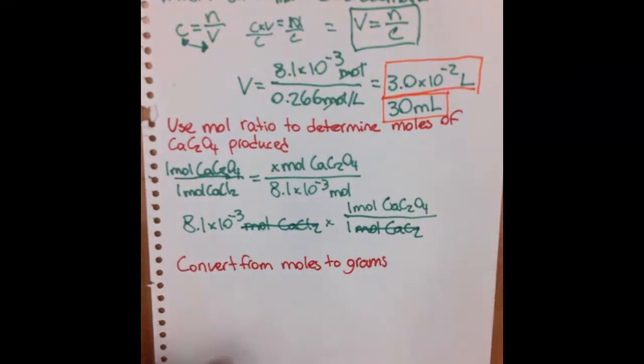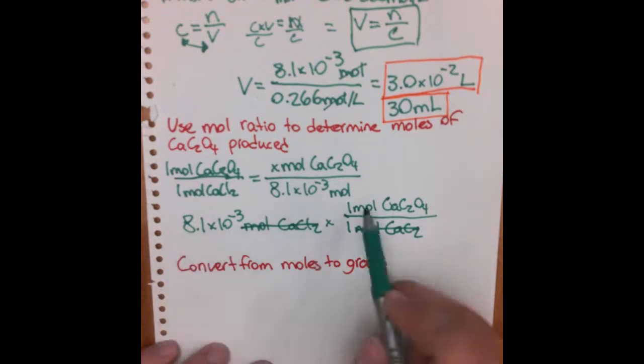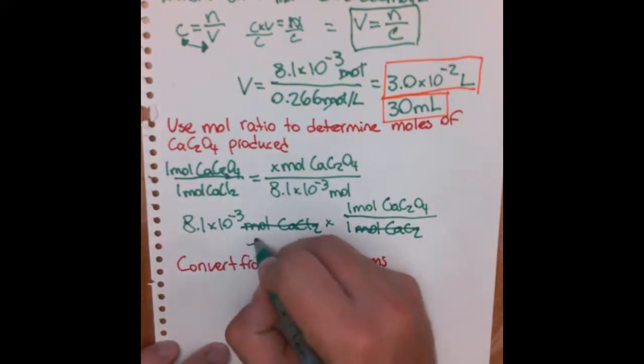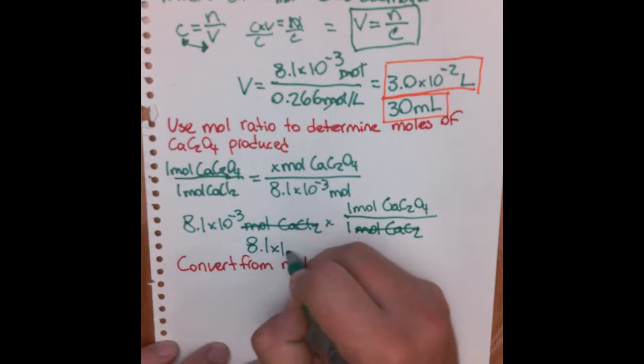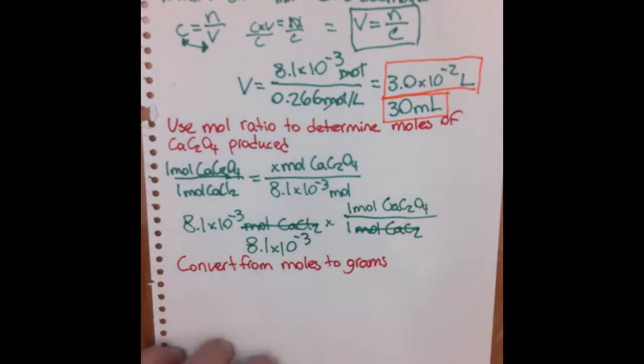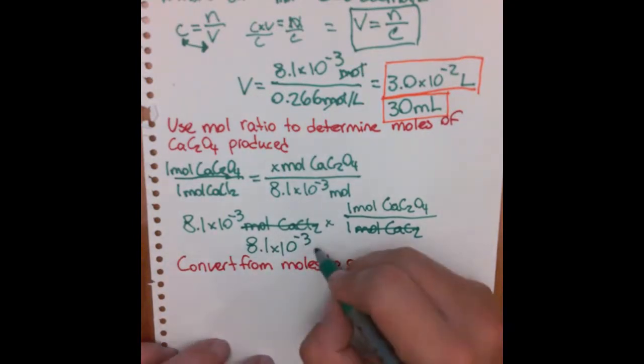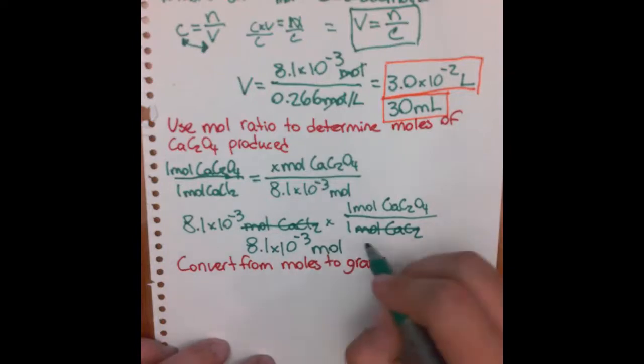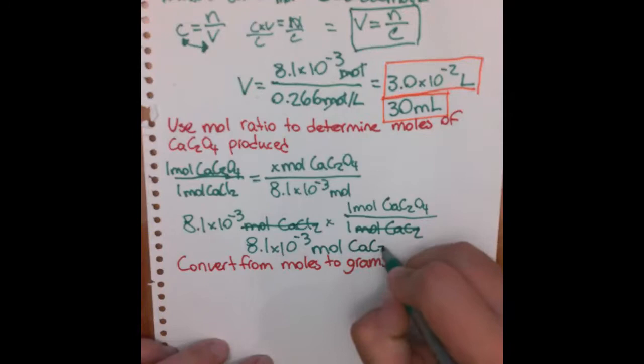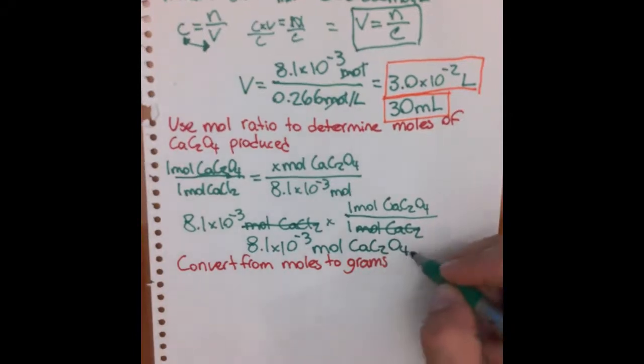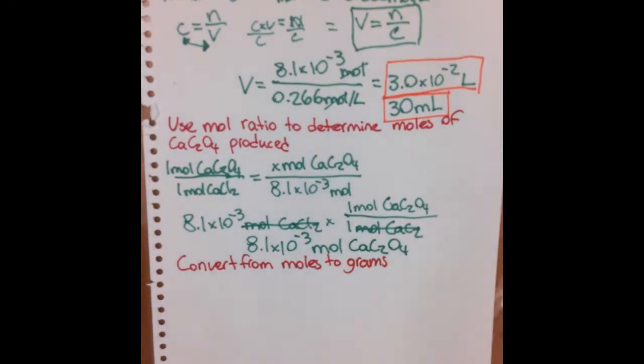So 8.1 times 1 over 1 is just going to give us 8.1 times 10 to the negative 3 moles of our CaC2O4. All right, so there we go. We have calculated our number of moles that are going to be produced.